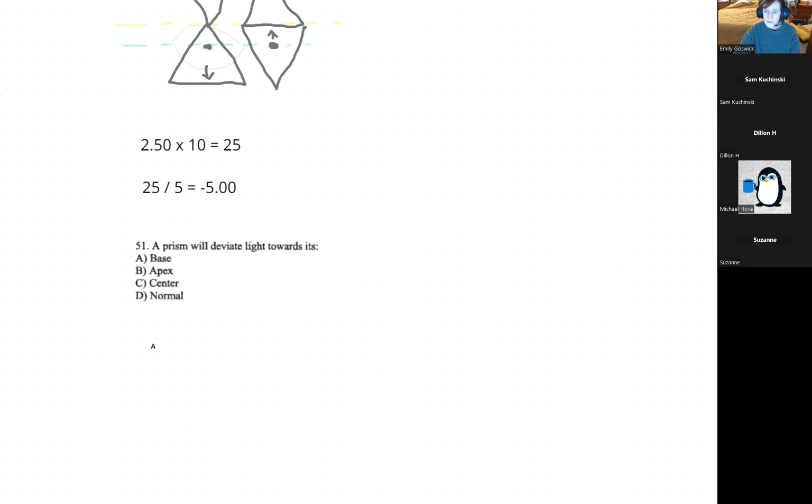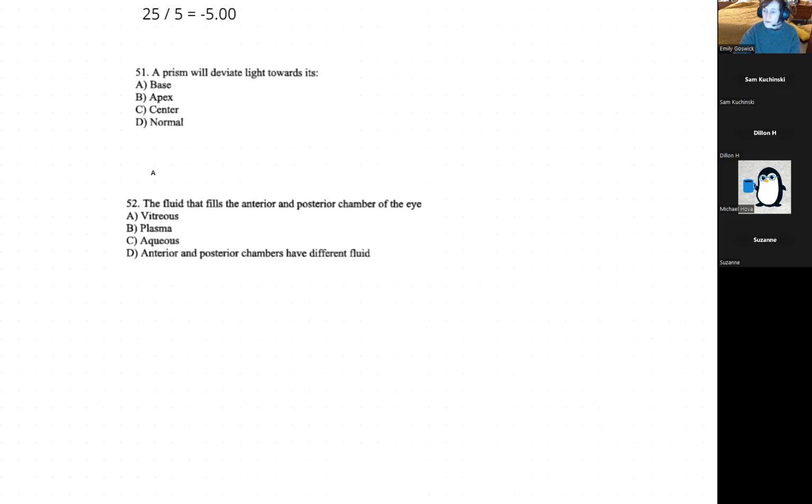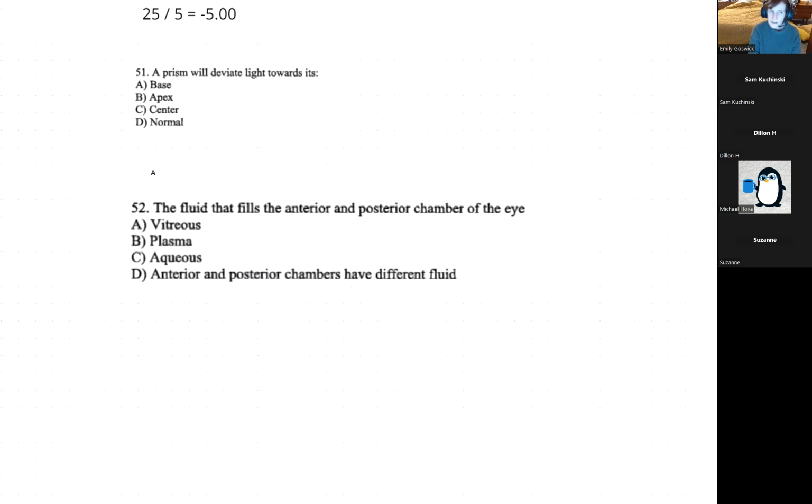Okay, it is, the fluid that fills the anterior and posterior chamber of the eye is A, the vitreous, B, the plasma, C, the aqueous, or D, the anterior and posterior chambers have different fluid. Okay. I definitely had to look this up. But you do want to be familiar with the different chambers of the eye.